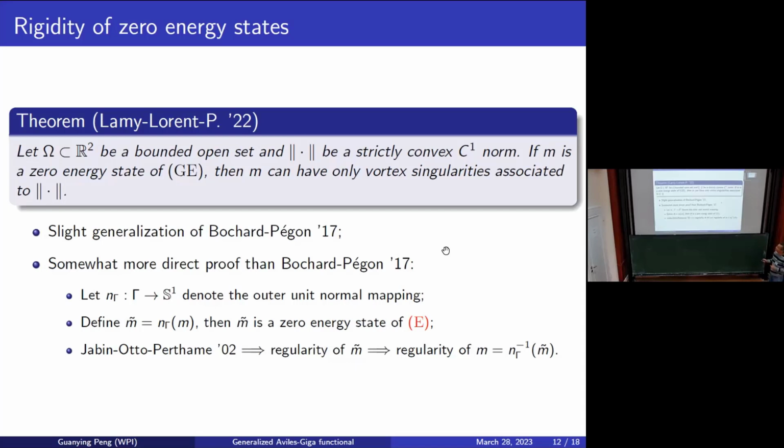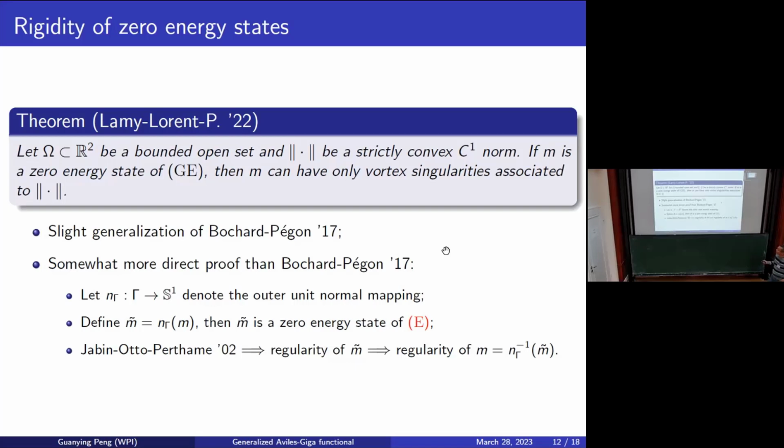Specifically, we introduced this mapping N sub gamma, the outer unit normal mapping on this curve capital Gamma. For each point on the curve capital Gamma, you map the point to the outer unit normal in the Euclidean sense, so this is an S1-valued mapping. Then we introduce the vector field M tilde, which is the image of M under this outer unit normal mapping.